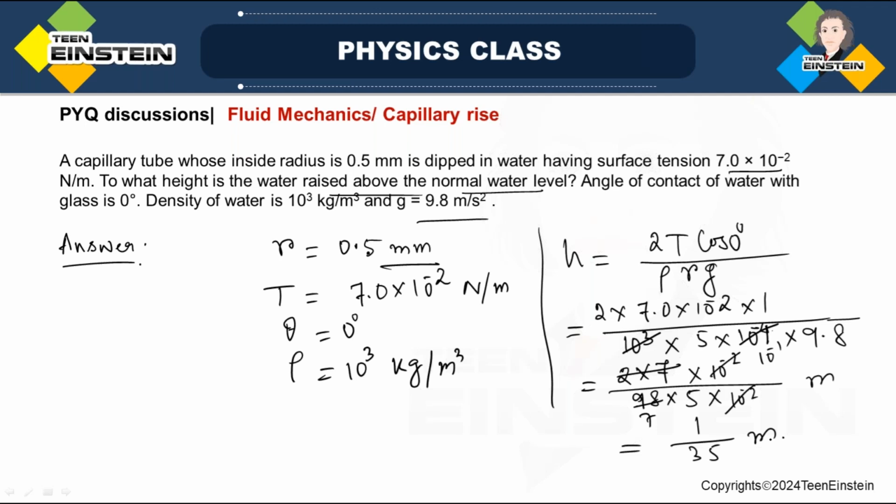Now if you write in terms of centimeter, then this will be 100 divided by 35 centimeter.